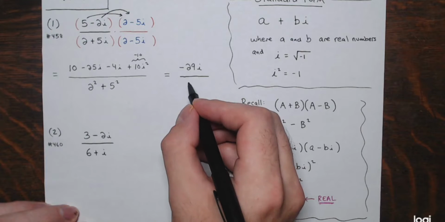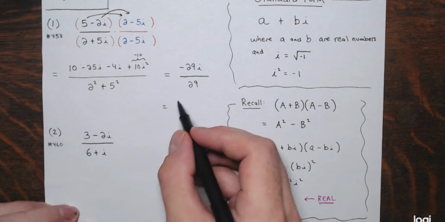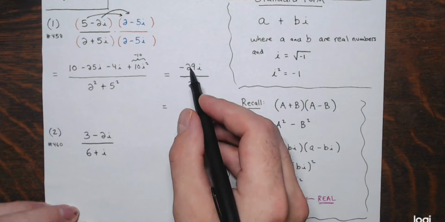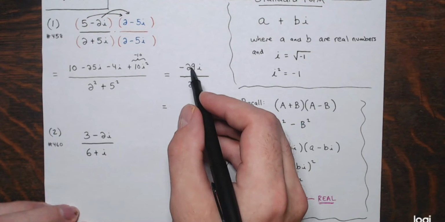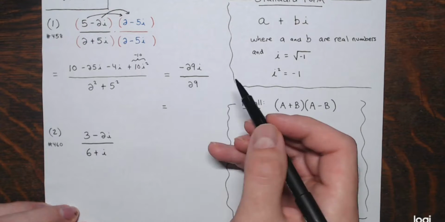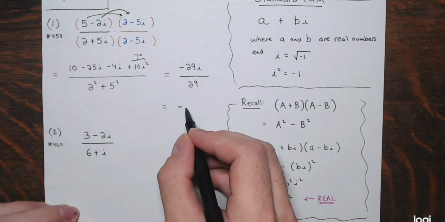And then we simplify, right? Divide every term, there's only one term in the numerator. Divide every term in the numerator by this denominator. Well, if I divide by 29, hopefully you can see the 29s would cancel, and I'd be left with negative i, right? Negative 1i.